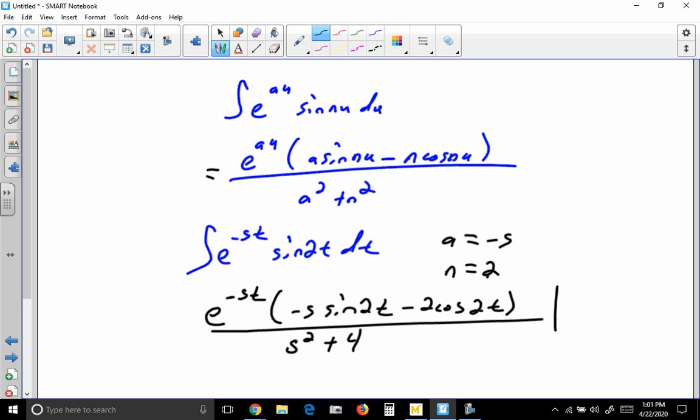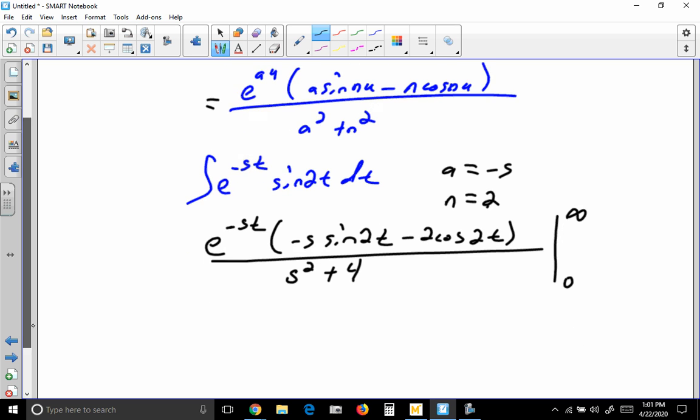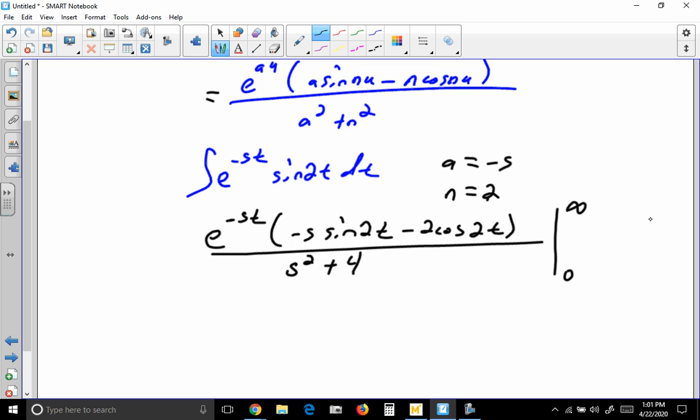And then we're going to evaluate that from 0 to infinity. If t goes to infinity, and you could do this using L'Hopital's rule or different ways to evaluate that limit, it turns out that goes to 0.